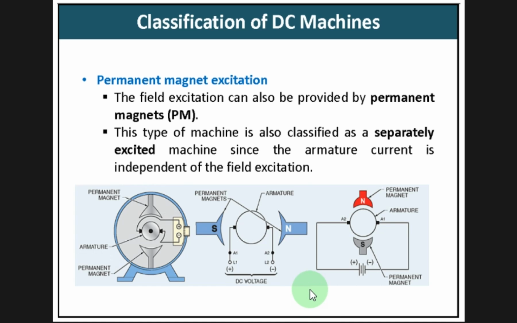And also this method can only be used with smaller machines, because for larger machines we can't find powerful magnets. Even if you produce powerful magnets, it will be expensive and also will be large in size, so it is not feasible. Therefore the permanent magnet excitation is mainly used for smaller DC machines.